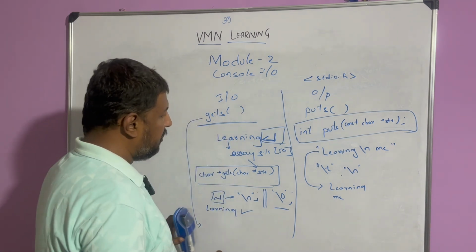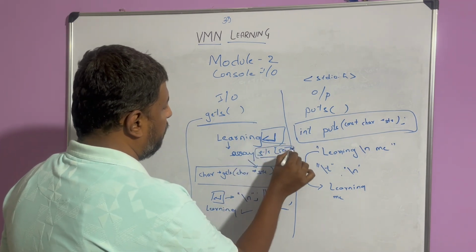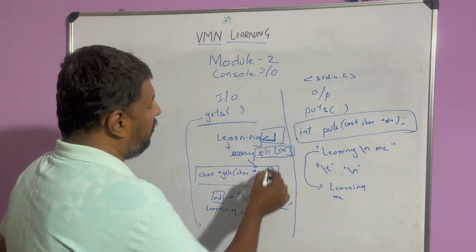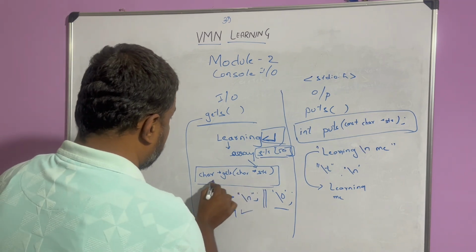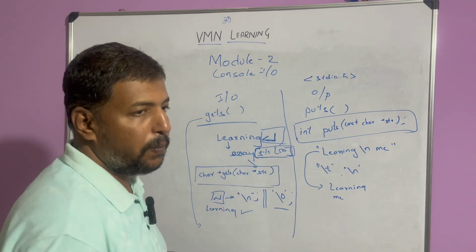See, we were declaring here an array of 50. It doesn't check how many letters it actually takes. If we are assigning the value, we have to declare the string.